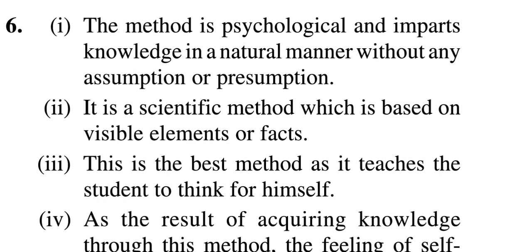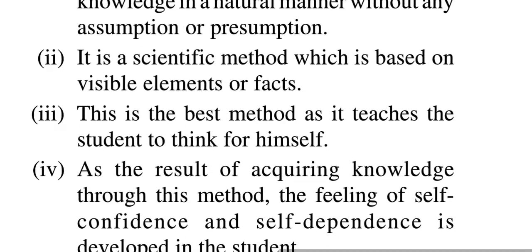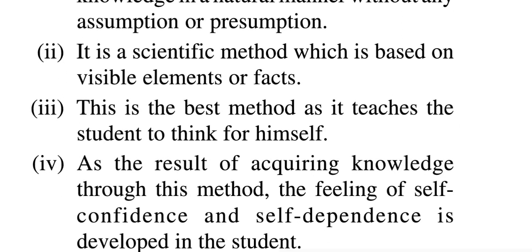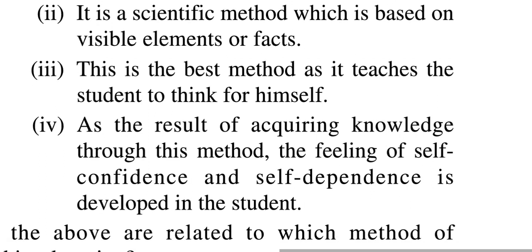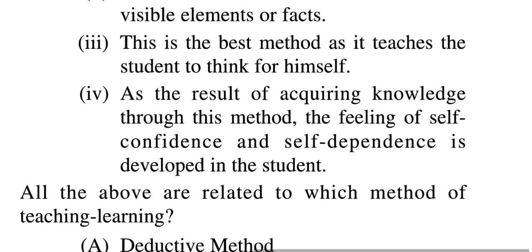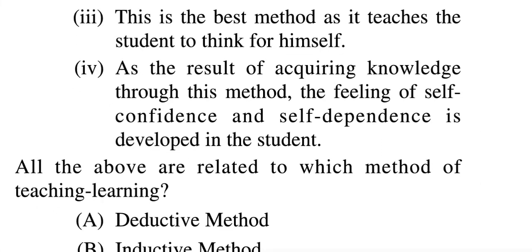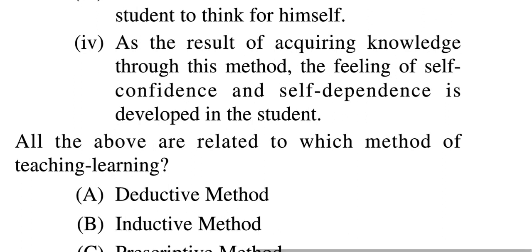Number 2, it is a scientific method which is based on visible elements or facts. 3, this is the best method as it teaches the student to think for himself. 4, as the result of acquiring knowledge through this method, the feeling of self-confidence and self-dependence is developed in the student. Now, the question is asking, all the above are related to which method of teaching learning?